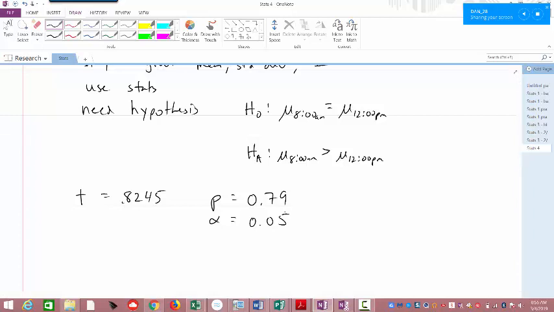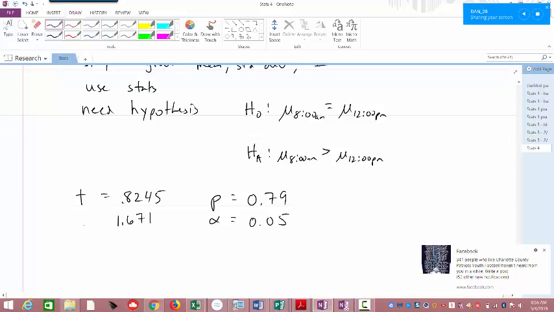So 30 minus 1 is 29, plus 30 minus 1 for the other one. So we have 58 degrees of freedom. So you just go to 60 on the chart because it doesn't have 58. So 1.671 is our critical table value.